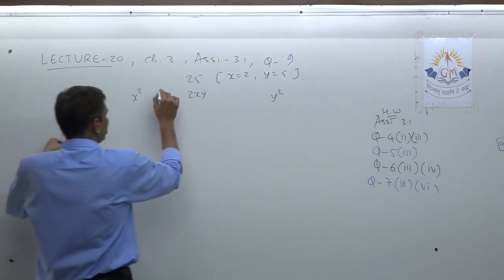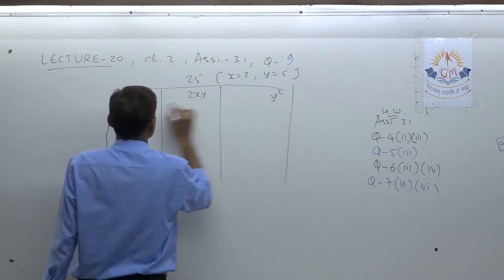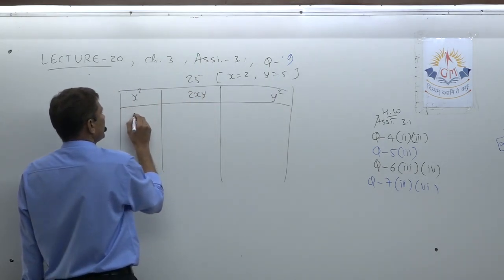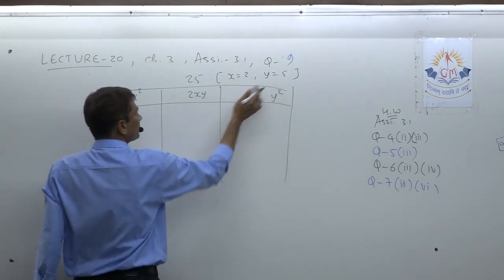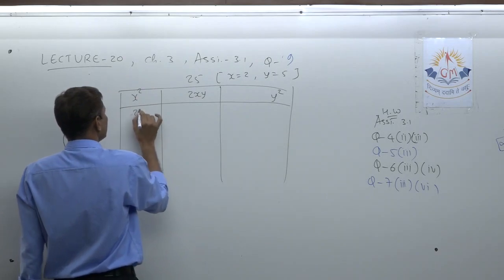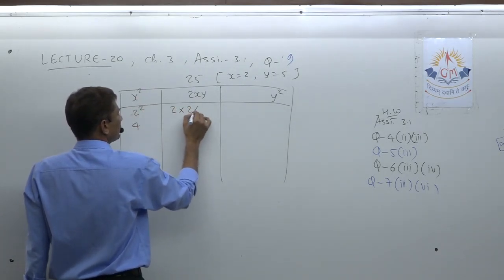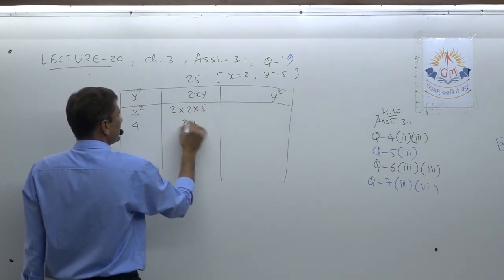Now x square means 2 square, 4. For 2xy it is 2 into 2 into 5: 2 2s are 4, 4 5s are 20.